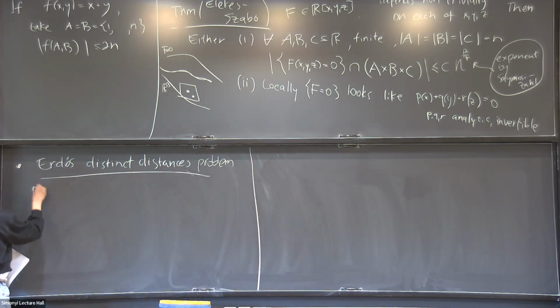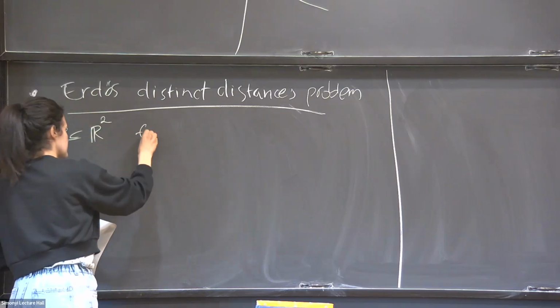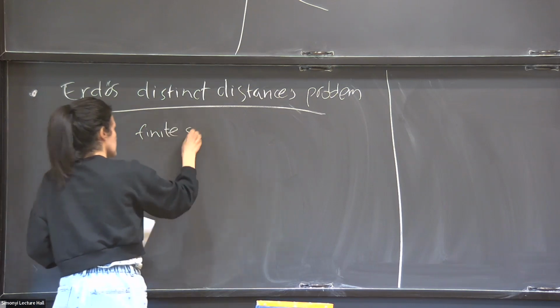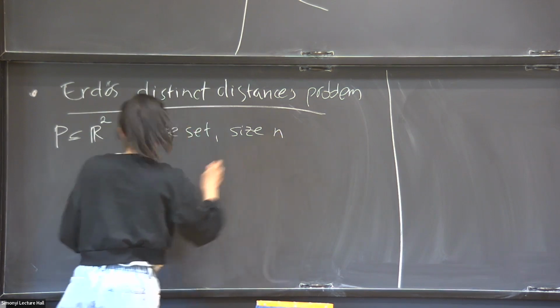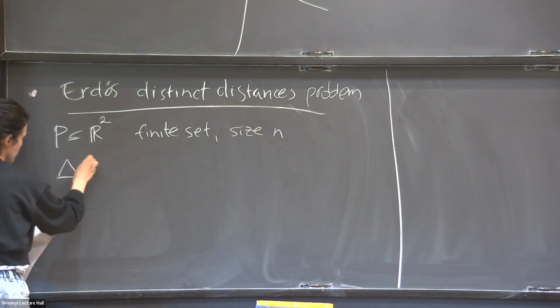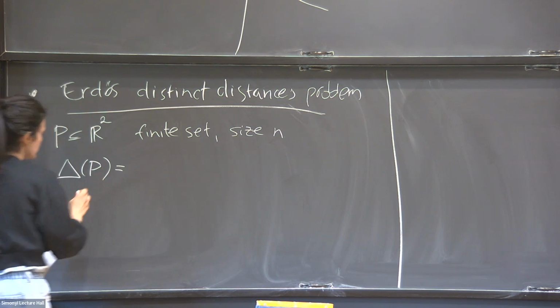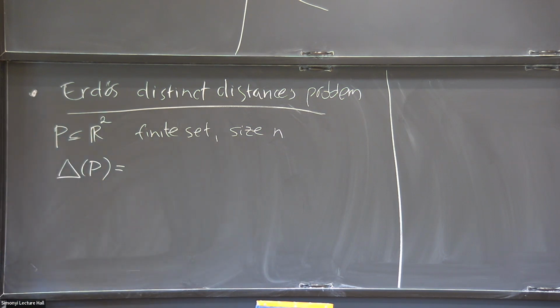So the setting is this: we have a set in the plane this time, so it's a finite set, let's say of size n, and consider the set of distances that this set of points spans.